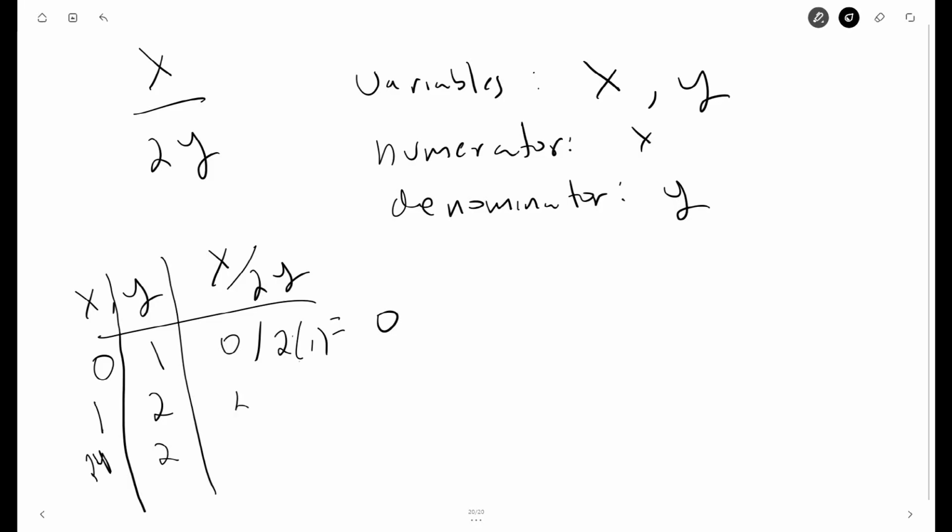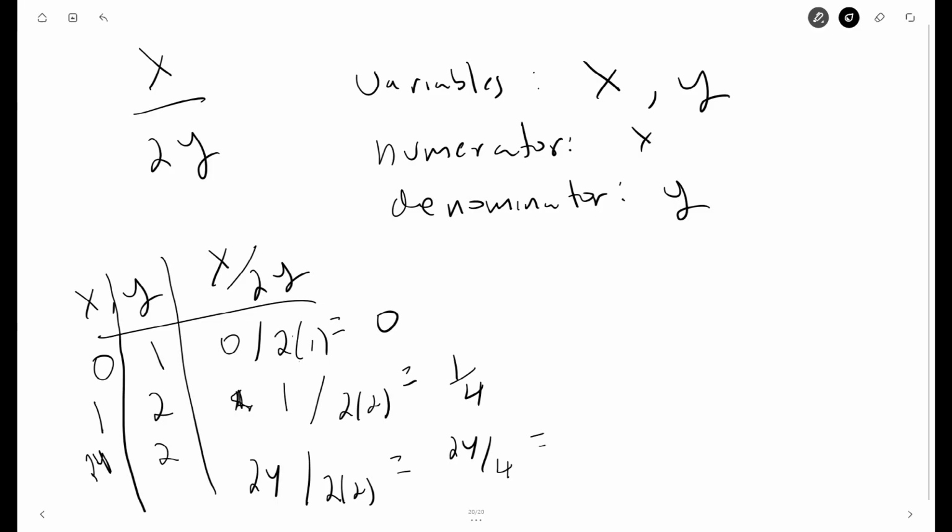And then 1 over 2 times 2, which is equal to 1 over 4. And then 24 divided by 2 times 2, which is equal to 24 over 4, and 24 divided by 4 is 6.